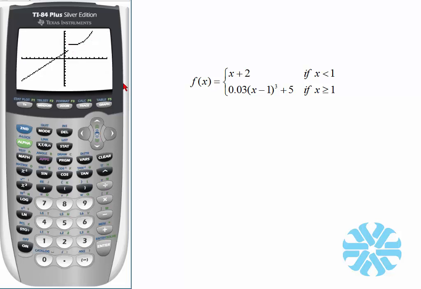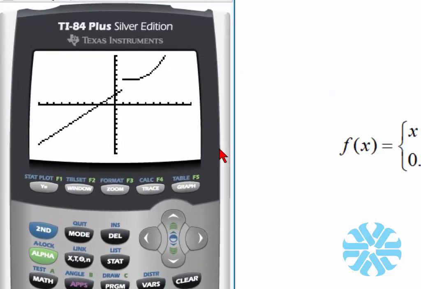Now, there's a couple things that I would like to point out here. Number 1, notice for the linear function at x equals 1, which is right here, there should be an open circle, which indicates that the value of 1 is not included in the interval for the linear part of this piecewise function. However, for the cubic part of this function, 1 is included in the interval, and this is usually shown as a closed circle at x equals 1.